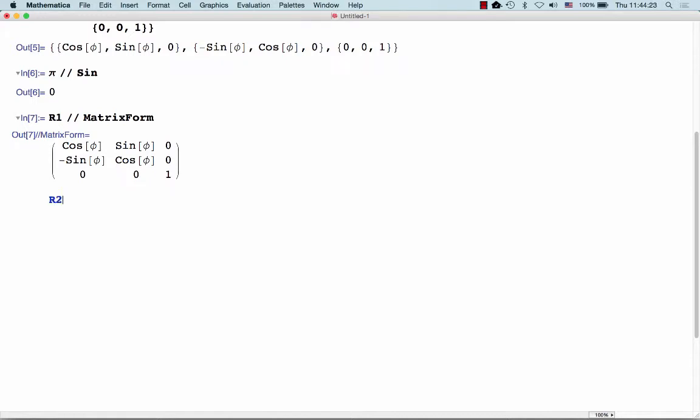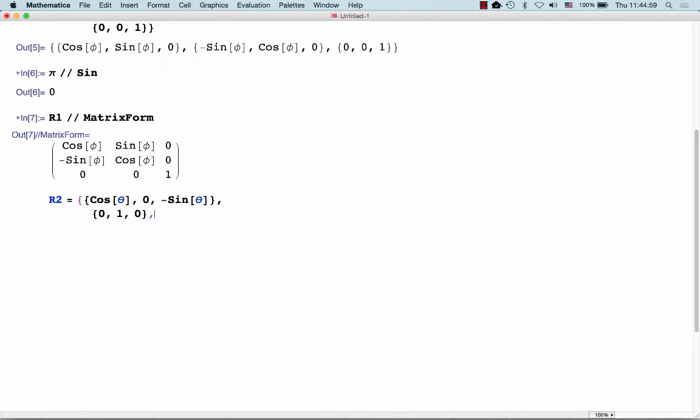Okay, by the same token, our R2 matrix was found to be cosine of theta, 0, minus sine theta. Okay, and then the next row was 0, 1, 0.